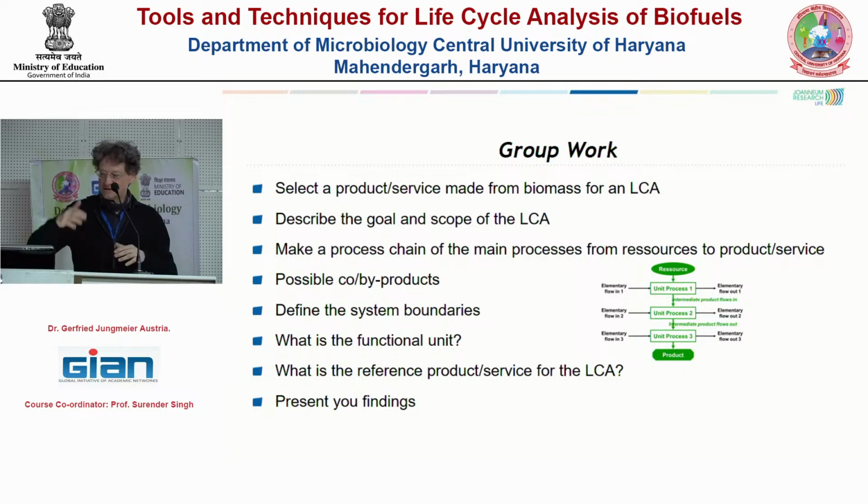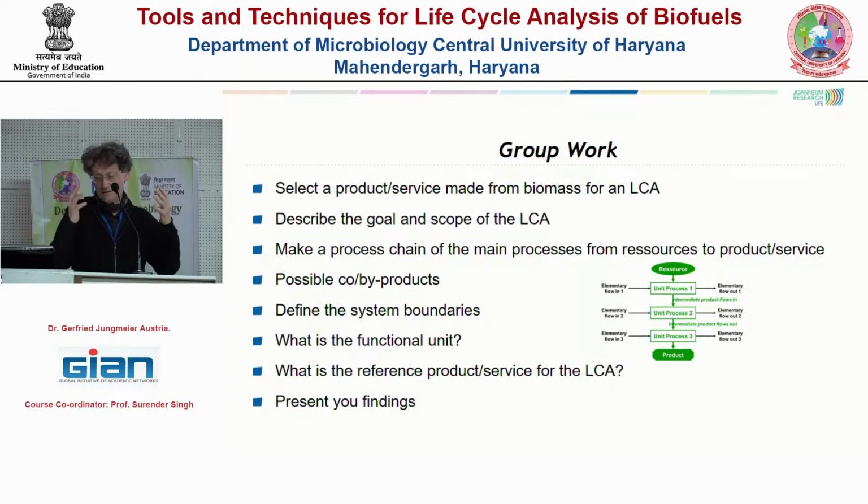Secondly, you make this process chain with the main resource and the main steps towards the product, and then see at which stages co-products might occur, where you might have maybe animal feed or straw or glycerin.